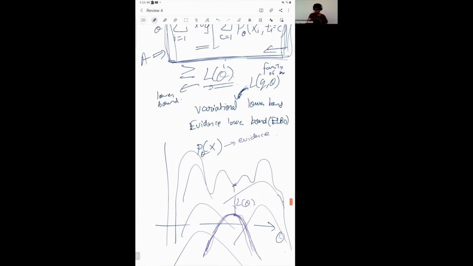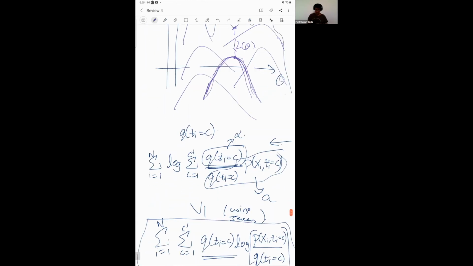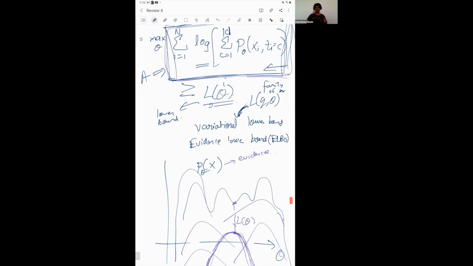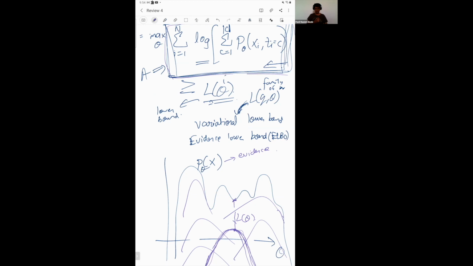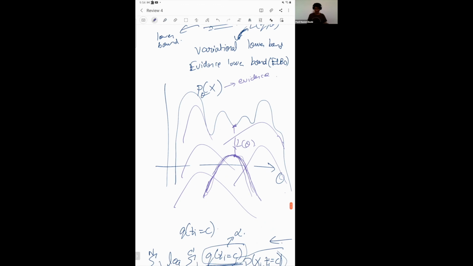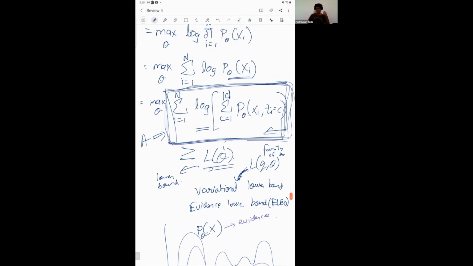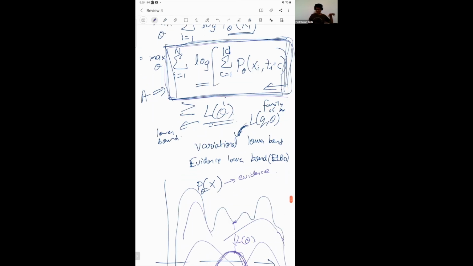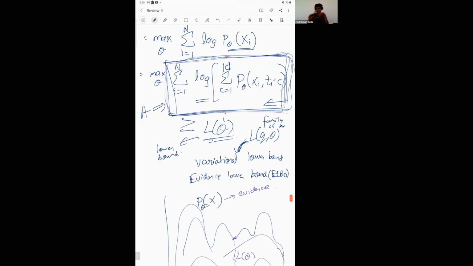Yeah. So initially we are introducing a free parameter that we are allowed to change. So q of ti is some free parameter, well, it's not exactly a free parameter, but I'll clarify afterwards. Let's consider q of ti as just some free parameter that we are allowed to change.